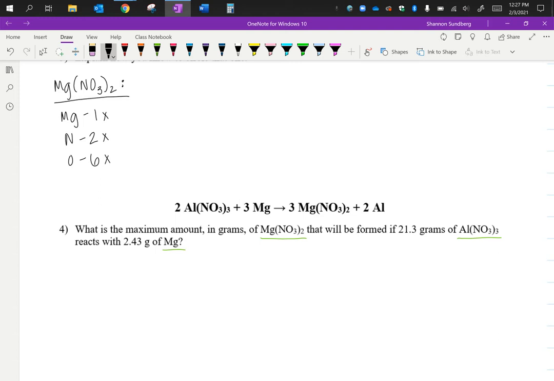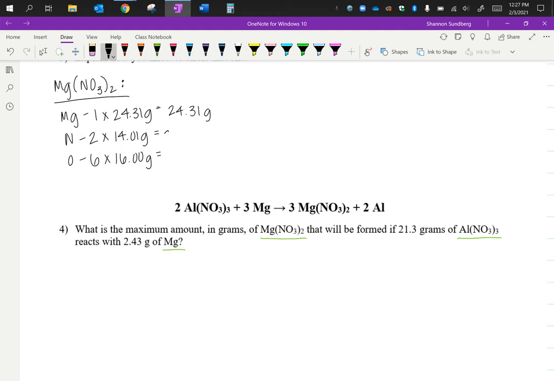Your next step is to get your mass from your periodic table. Magnesium is 24.31. Nitrogen is 14.01. And oxygen is 16. Okay, multiply across. So 24.31.